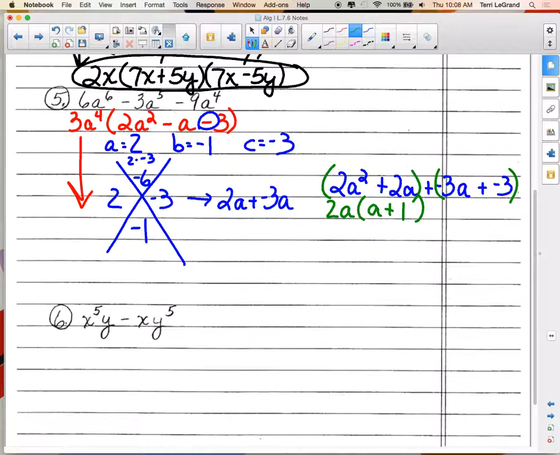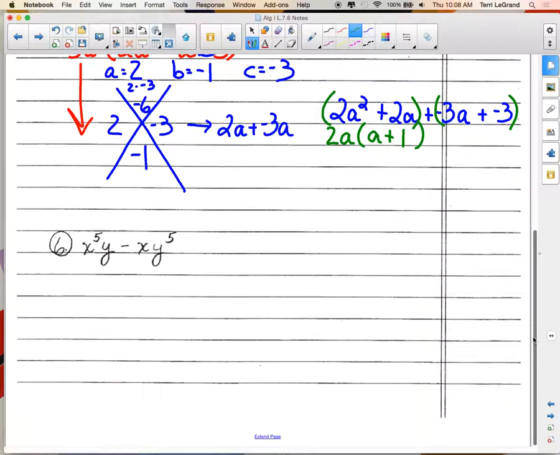That's the first group. Second group, negative 3. Resulting factor, a plus 1. Good news, the parenthesis factors match.